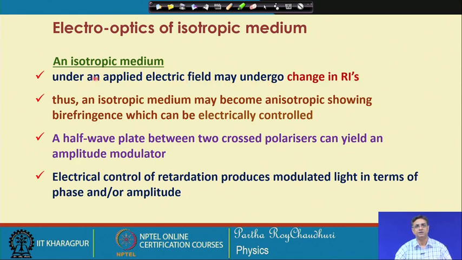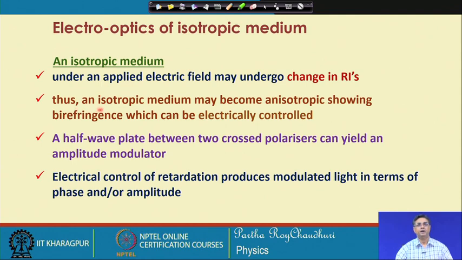We have understood very clearly that as long as there is no electric field, it is isotropic, but there may be a change in the refractive index properties when the external electric field is imposed. Now we are going to take up an example of an isotropic medium, and we will see that the refractive index properties are modified for a certain orientation of the external electric field applied across the crystal.